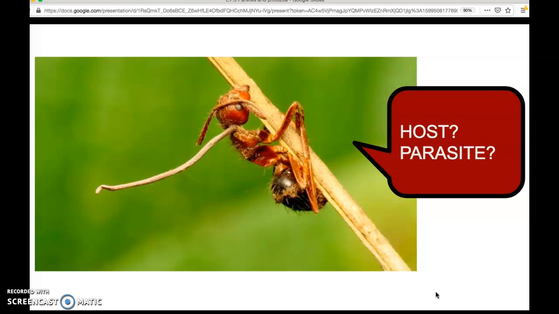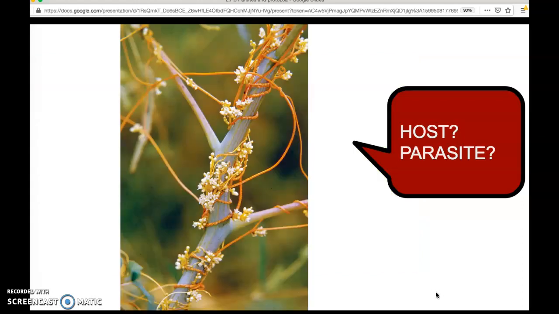Actually, and you'll learn about this hopefully in the video too, it's a really wicked, nasty fungus parasite that actually hijacks the brain of the ant and makes the ant move in such a way that when this fungus does grow out of its skull, it will be at the most apt place to be able to spread its spores and reinfect other individuals. So this parasite actually controls the mind of the organism that it infects.